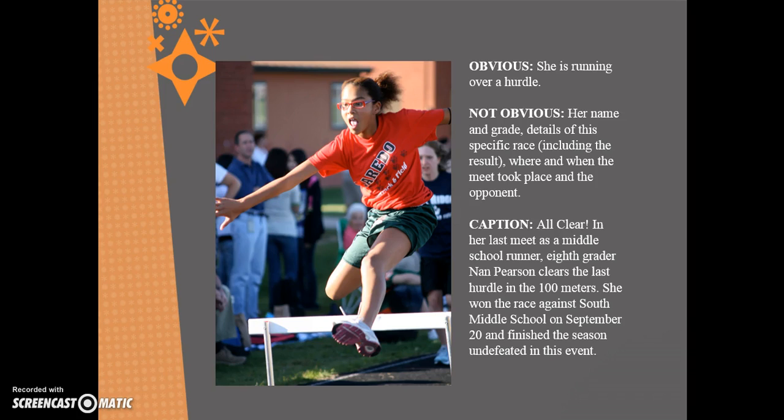Where, what track meet, when did the meet take place, and was it even during a meet? Maybe she was warming up, and who the opponent was. But this effective caption does tell the story. All clear. That would be your lead-in.